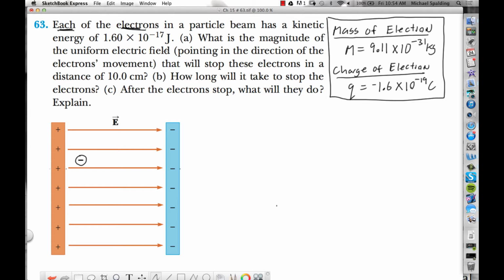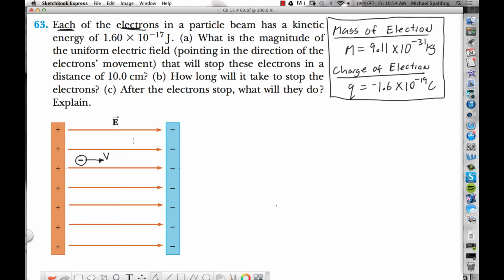Now they ask, what is the magnitude of the electric field pointing in the direction of the electron's movement? So if the electron is moving in the direction of the electric field, what's going to happen to the electron? We'll just look at the situation here. They're telling us that the velocity of the electron is in the direction of the electric field.